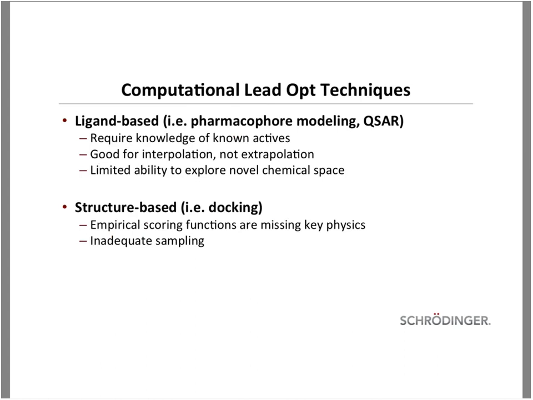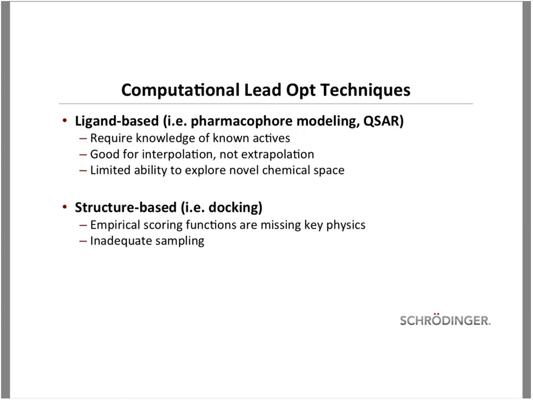Those can be very powerful, but they do require a good amount of knowledge to be available about the active compounds for a given target. And because they are better for interpolation among this data and not extrapolation into new chemical space, they have a limited ability to find truly new molecules that can bind to a given target.